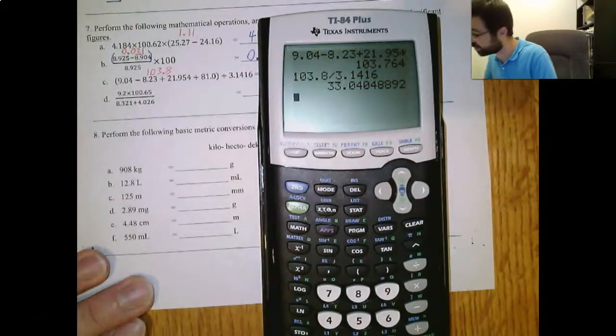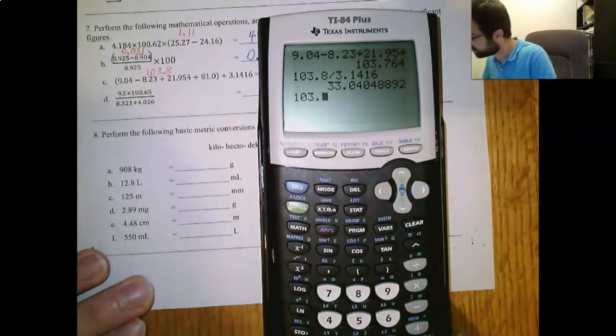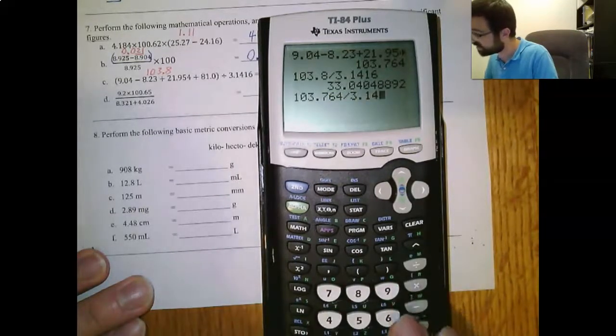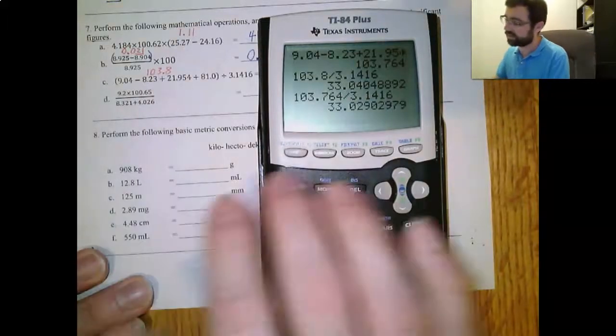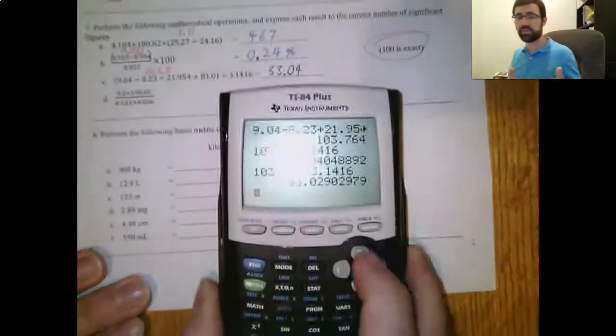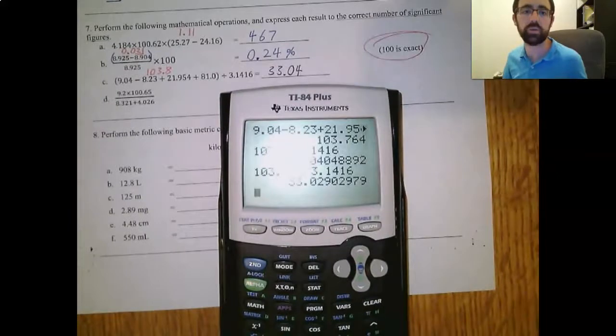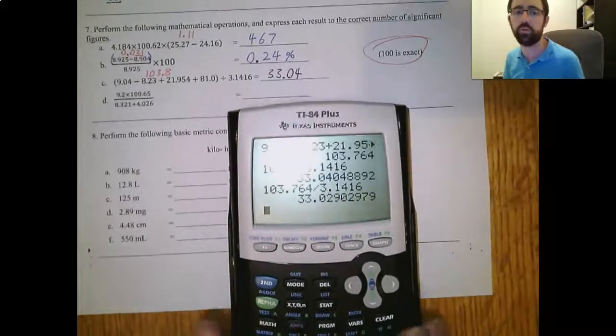So I could say 103.764 divided by 3.1416 and then round. Now wait a second, we get a different answer. I get 33.03 instead of 33.04.